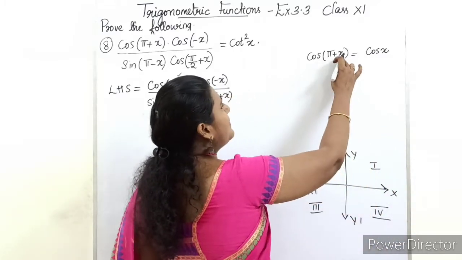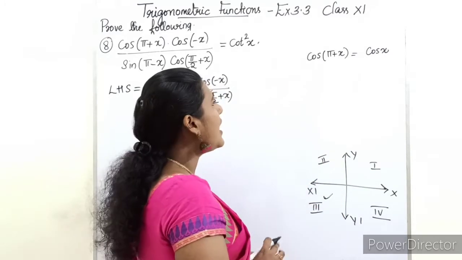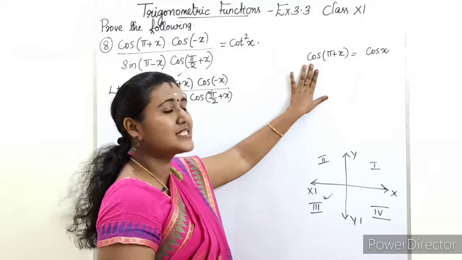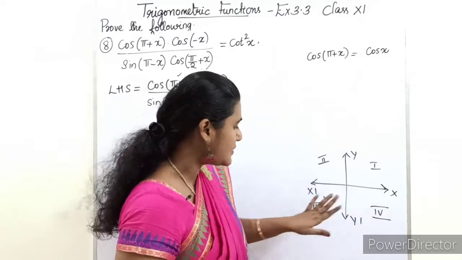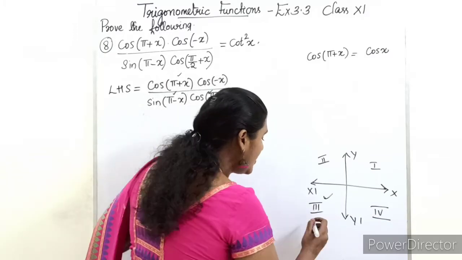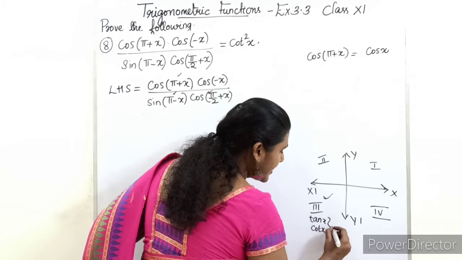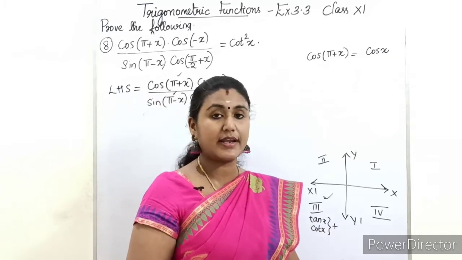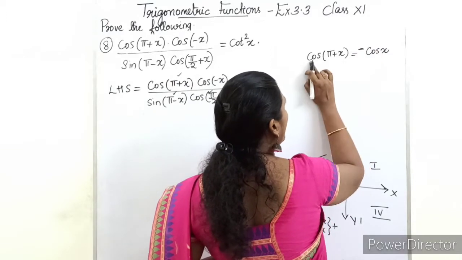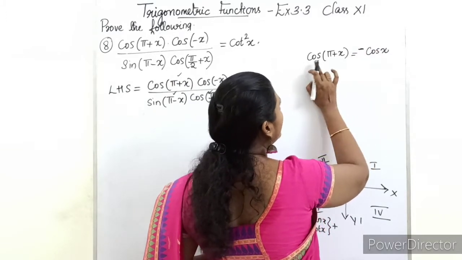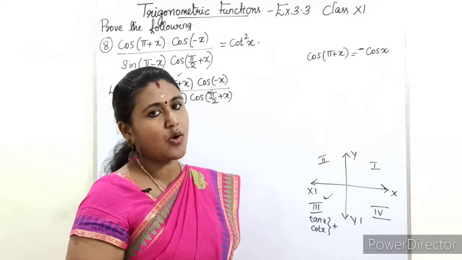Okay. So pi plus x means which quadrant? Third quadrant. So you have to check whether cos is positive or negative in the third quadrant. All Silver Tea Cups. So in the third quadrant, tan and cot only are positive. Tan x and cot x are positive. All other trigonometric ratios are negative. So here we can write minus. So cos value is minus in the third quadrant. So cos pi plus x value is minus cos x.